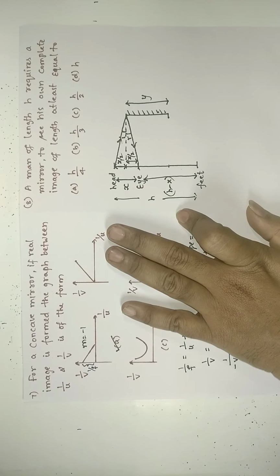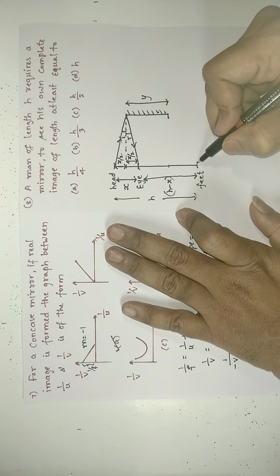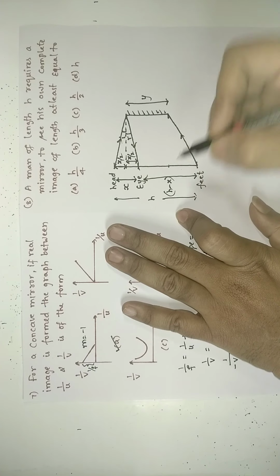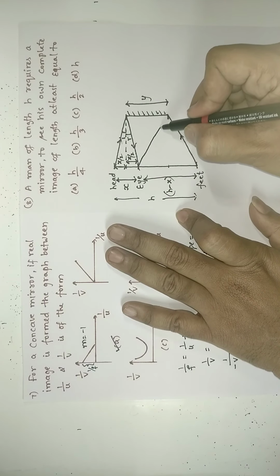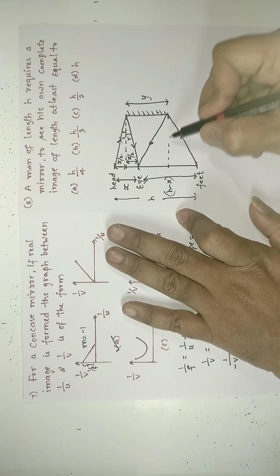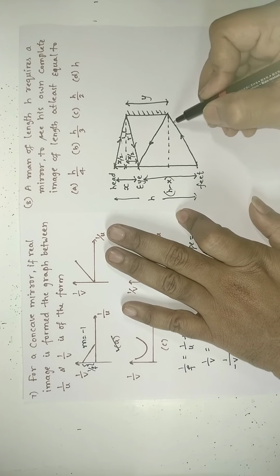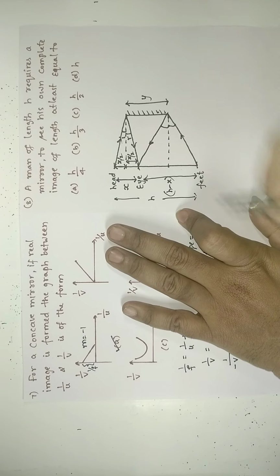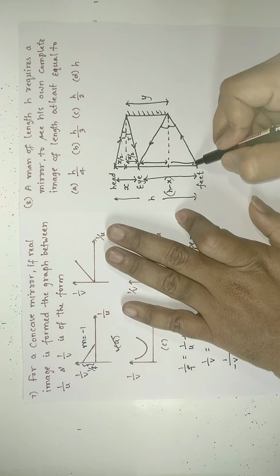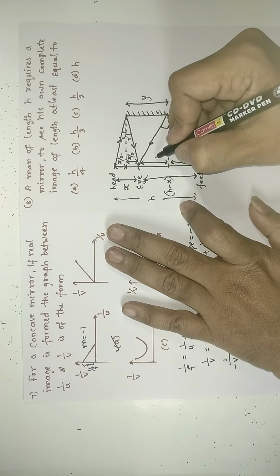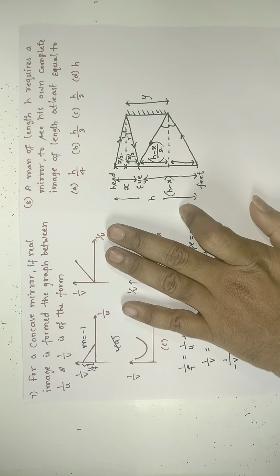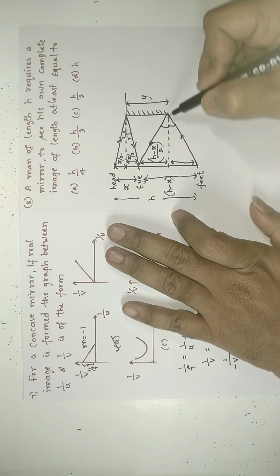In the same way, the light falling on the feet has to get reflected through the mirror and be focused onto the eye so that you can see the feet of the observer. Again, by following the laws of reflection, these angles will be the same. As a result, these distances will be equal, which will be equal to h minus x by 2 again. So we require this particular distance.